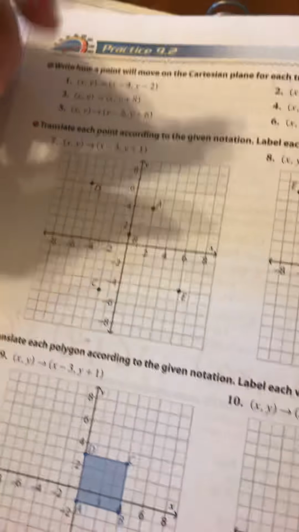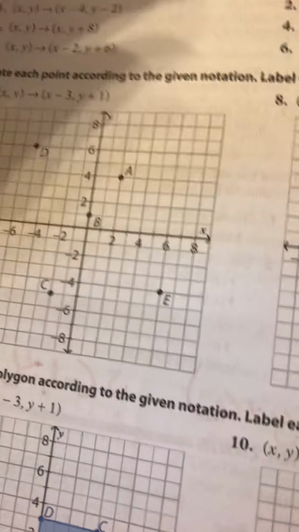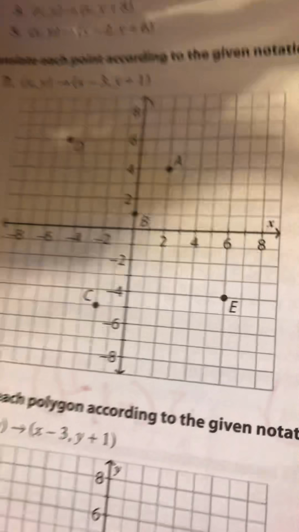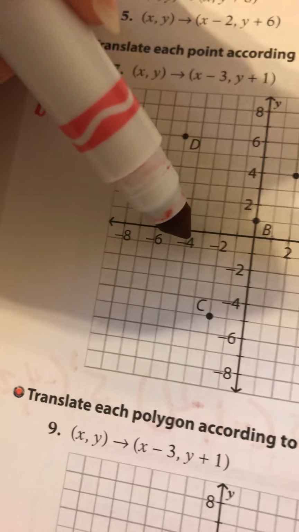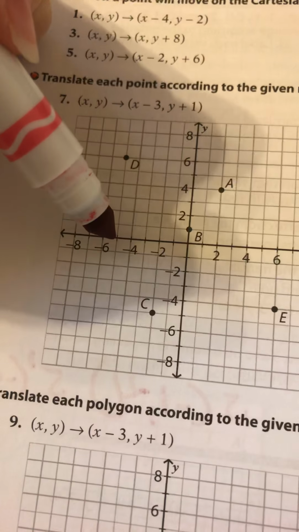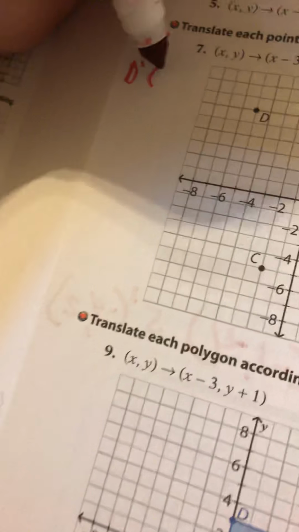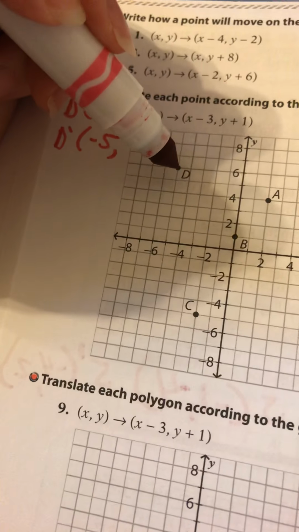So let's do this for the pre-image of D. D started at 1, 2, 3, 4, 5, but it's -5 because we're moving left on our coordinate plane. So it starts at -5 and then +6.